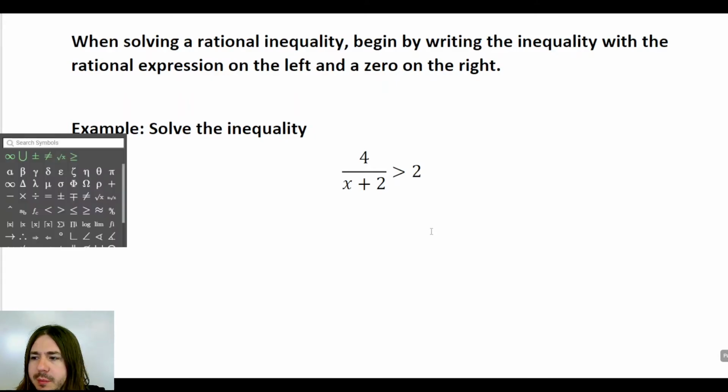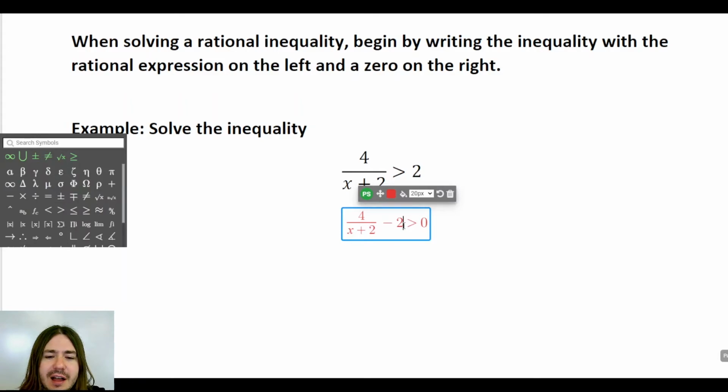Now, this can be a little bit of a pain because it's not easy. We had some of these when we were dealing with polynomial inequalities, and you just sort of combined like terms, but it's not going to be quite as simple with these rational inequalities because you can't just combine these right away. What you have to do is find a common denominator to combine this with this.